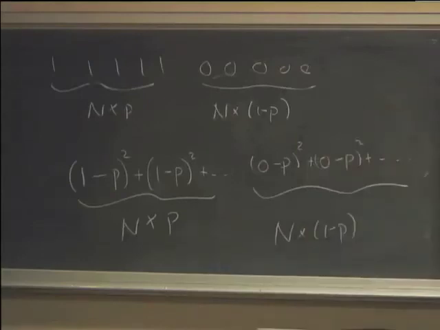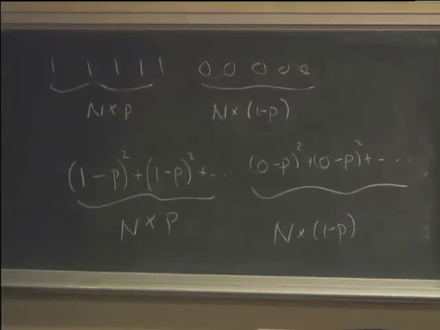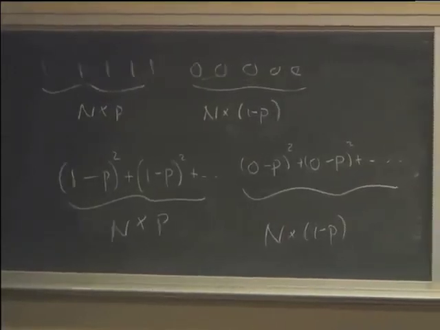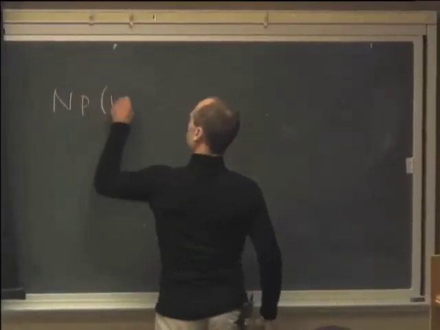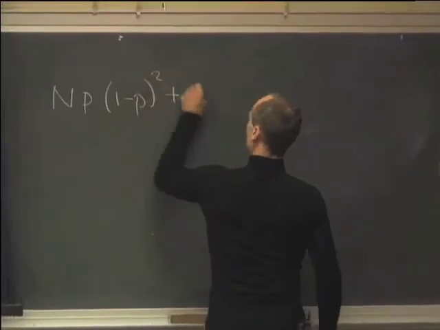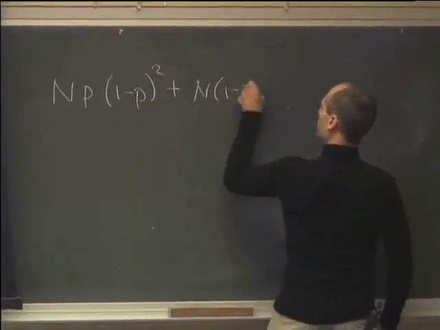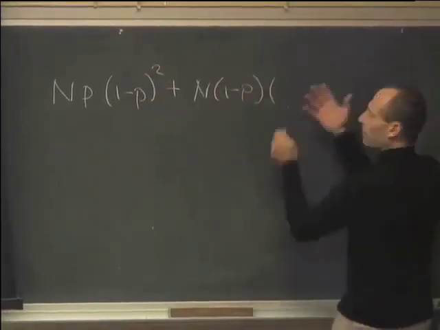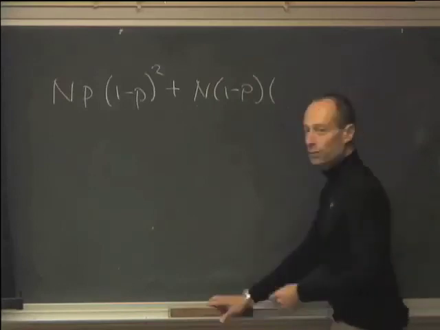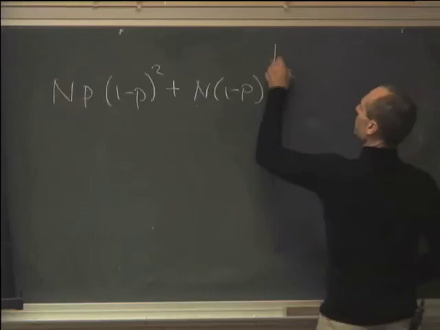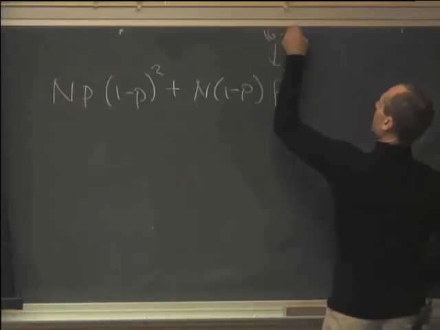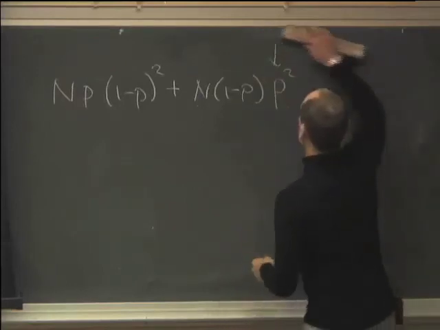Let's go put this over here. All right, so I've got n times p times (1 minus p) squared plus n times (1 minus p) times (0 minus p) squared, which is just p squared.